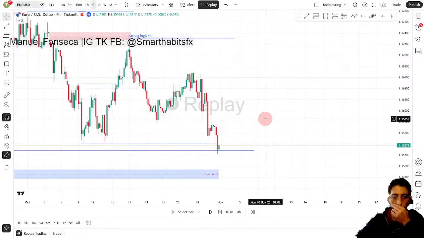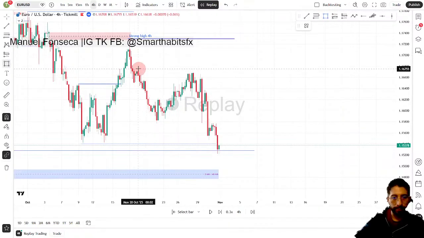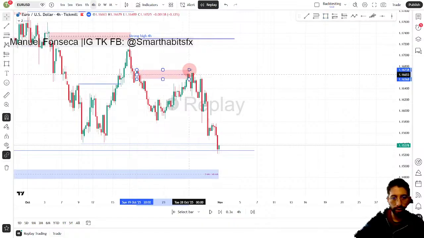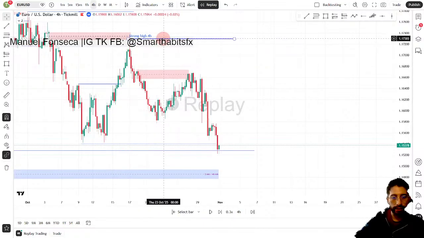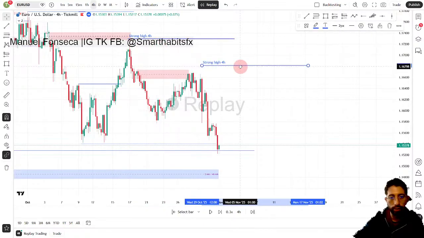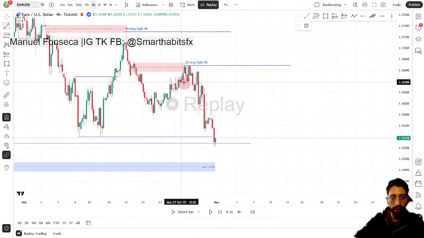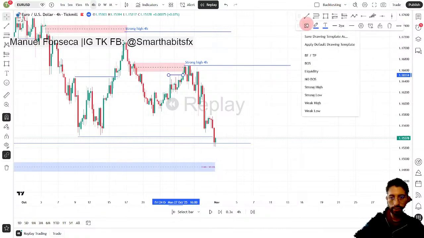However, we need to refine it a little bit more, because as you remember from some of the classes I have explained, or some of the videos that are here, in order to find a valid range beginning, it needs to accomplish the following. First of all, it needs to have a liquidity take or a liquidity sweep, which is right here. I am already marking it. This is the liquidity sweep.